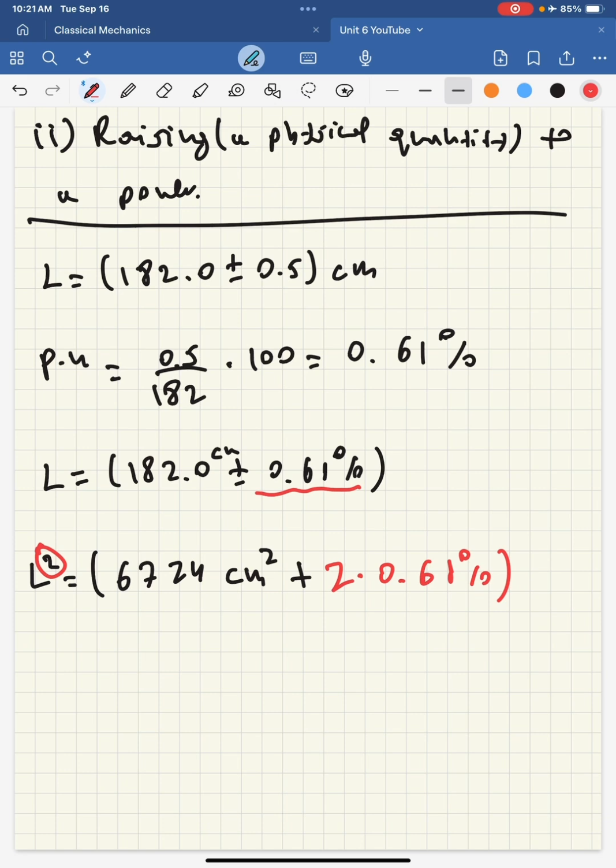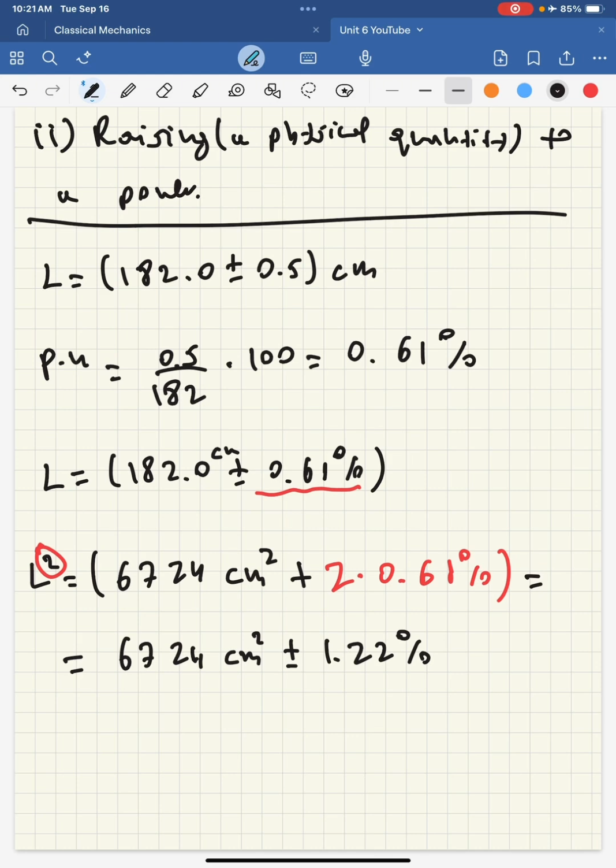So in this case you have 6724 centimeters squared plus or minus 1.22%. Now you have the percentage uncertainty. What if someone asks you for the absolute uncertainty?